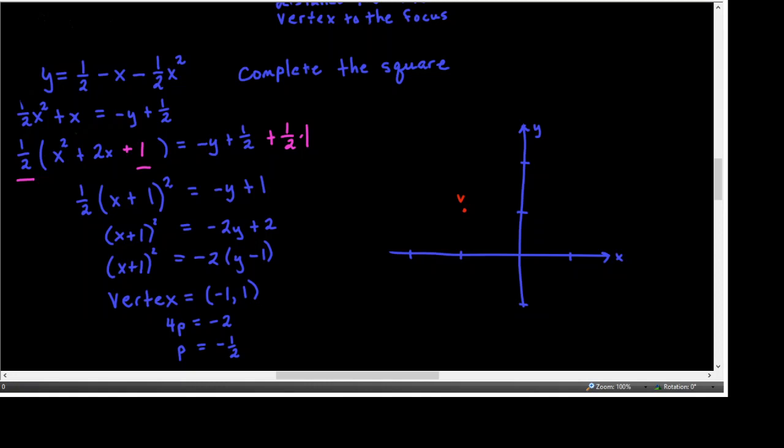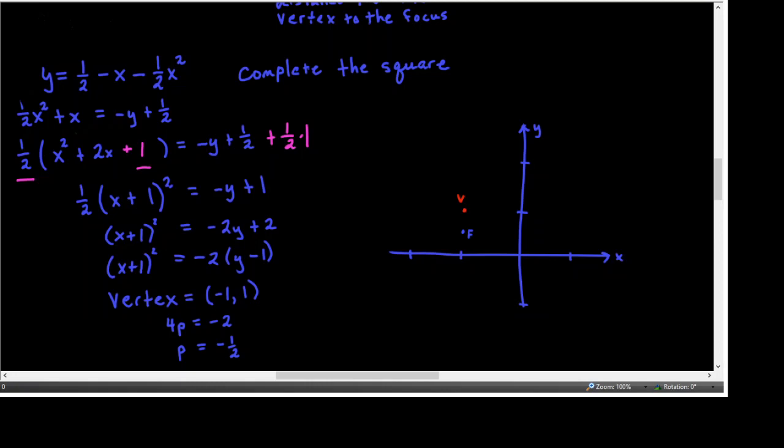The way to know which one of those it is, recall the parabola that has an x squared in it is the one you've dealt with your whole high school and college career so far, mostly with x squared as your variable that's squared in a parabola. So remember, this is going to be a function, okay? And since it's a function, that means that we're going to have to go down 1/2. So that's where the focus is.